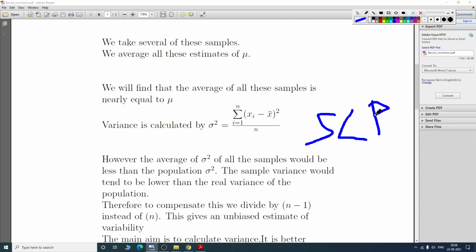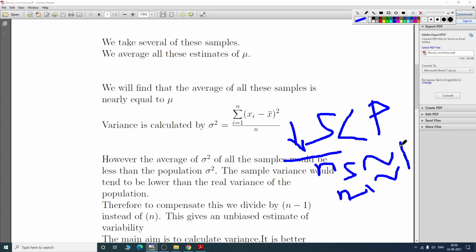And when we divide it by n, it is again a lesser value. Now if we divide it by n minus 1, the sample variance can be comparable to the population variance.